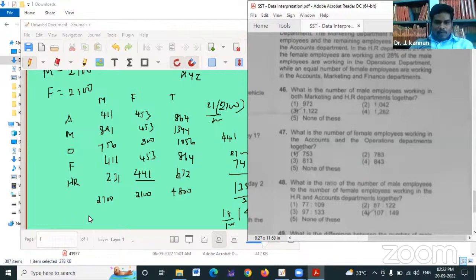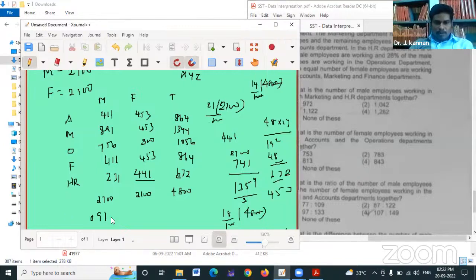So 891 plus 231, the sum is 1,122. This is the number of male employees working in the marketing and HR departments together. So the answer to the first problem is 1,122.